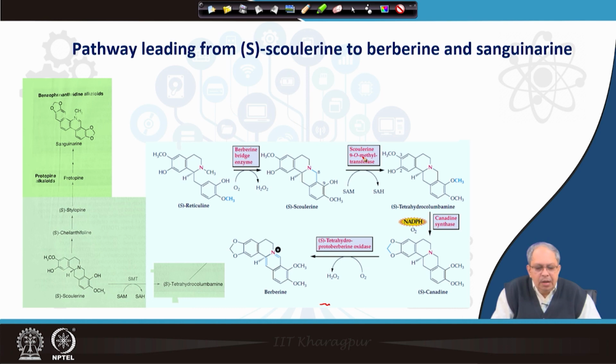In one of the previous classes, when I discussed the isoquinoline alkaloid pathway, I briefly mentioned berberine and sanguinarine. These are the two alkaloids.